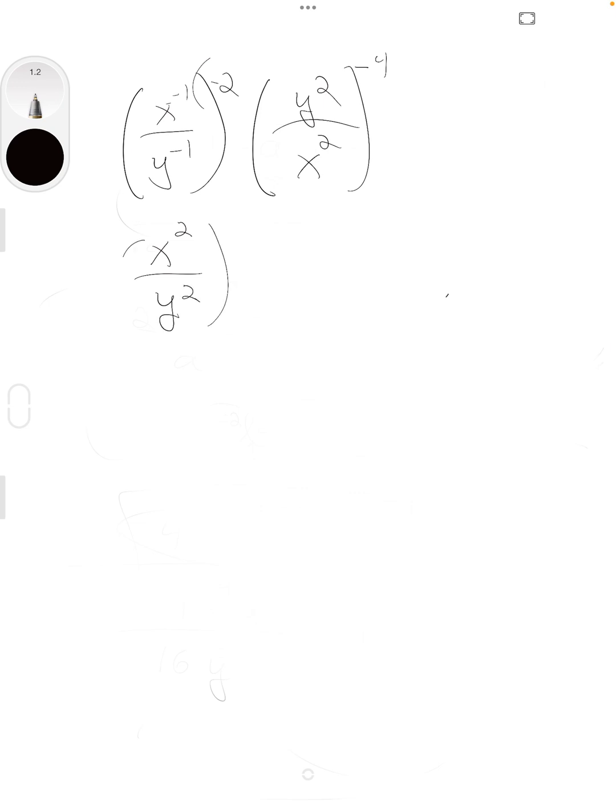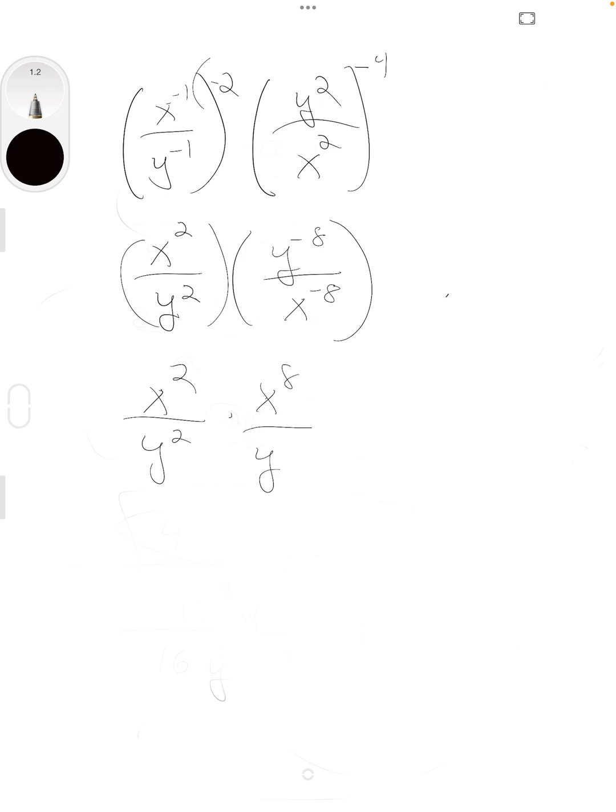This one becomes y to the negative 8, and this becomes x to the negative 8. If I then rewrite it, x squared over y squared times x to the 8th over y to the 8th, because negative exponent means just make it positive by flipping to the other side, and I end up with x to the 10th over y to the 10th. That is question number 24.